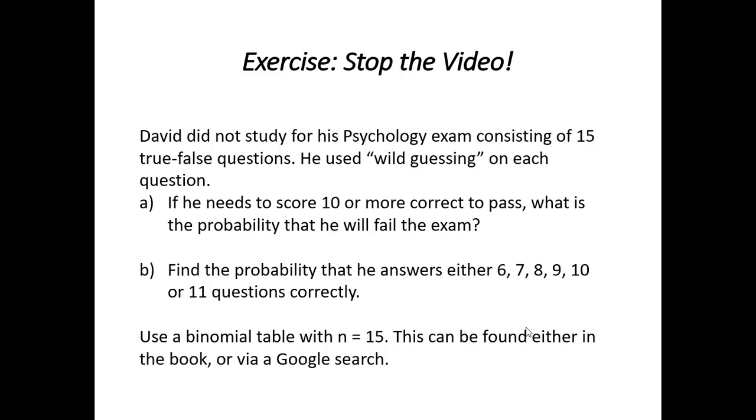Simply search binomial table. You'll see one that comes up. Just be careful. The binomial table we were looking at before is what I would call a cumulative binomial table. But some of these tables give you exact values. So make sure you understand what you have. So if you stop the video here, try to work this out.